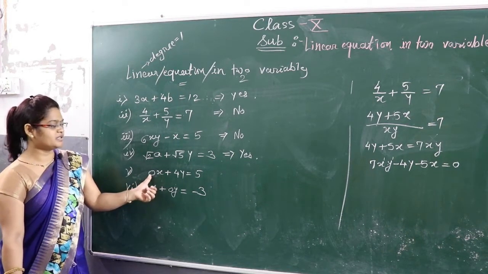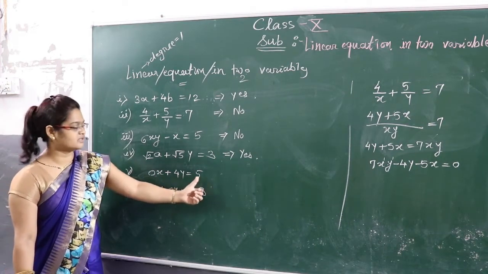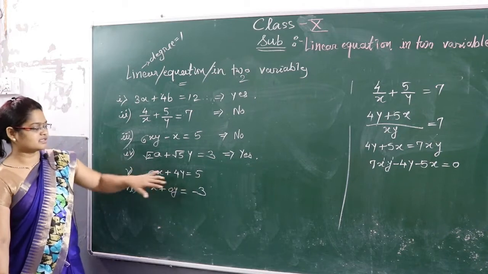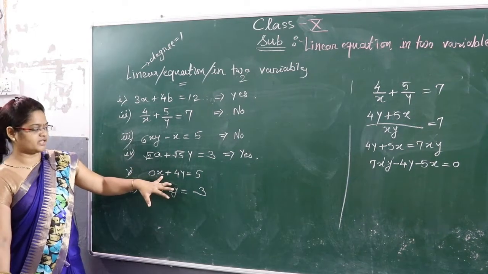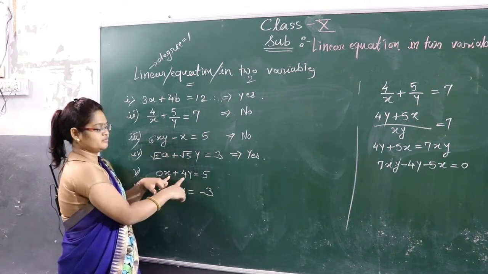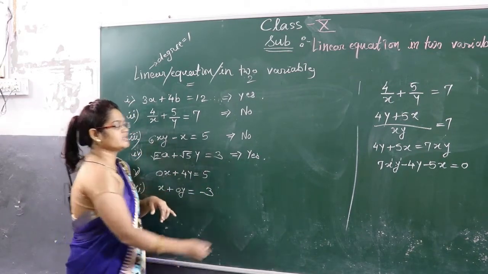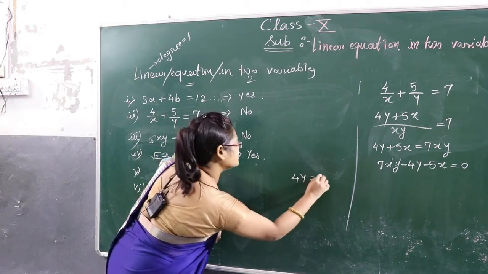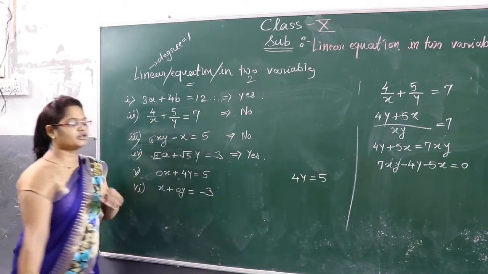Now see this example, 0x plus 4y equals 0. If we solve this, 0 multiplied by x, we get 0. That's why after solving this we get 4y equals 5.